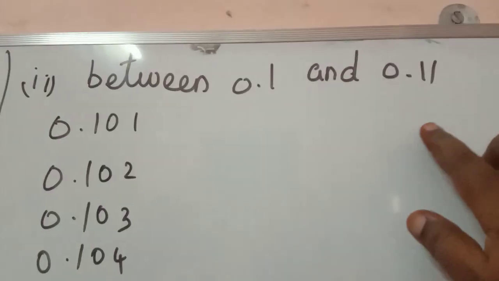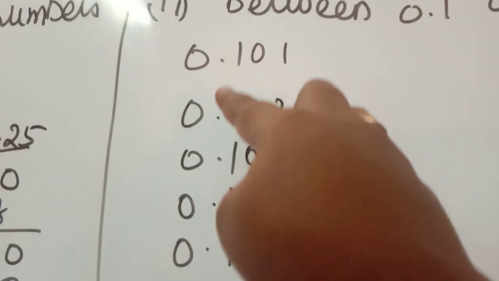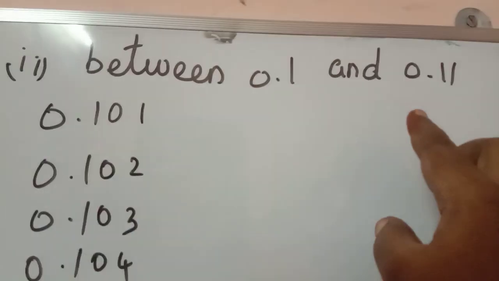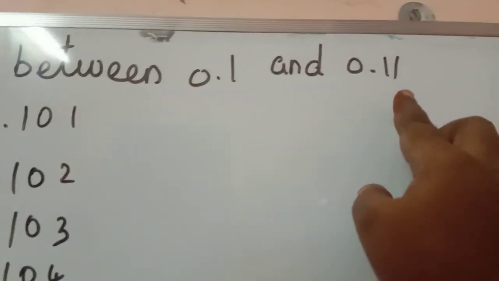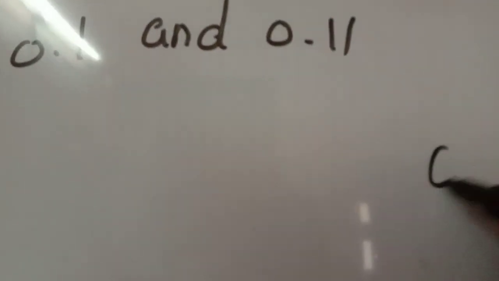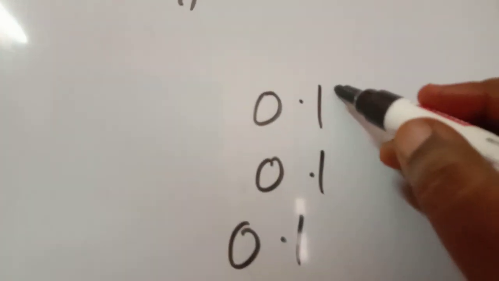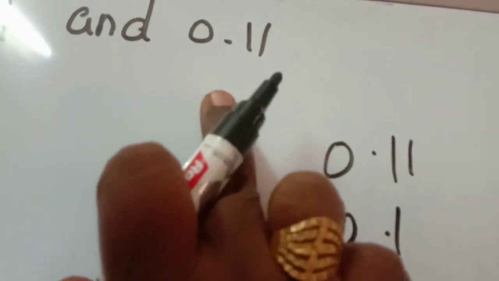Between 0.1 and 0.11, first write this 0.1. Then next if you write 1, the next number will come. See here, the smallest number is 0.1. 5 numbers we need, we can write like this. Next if we start from 1, already this number is there.